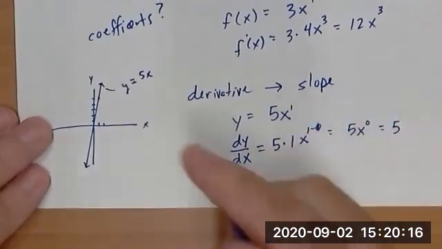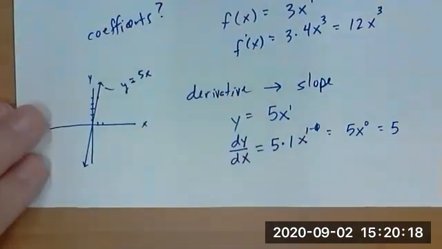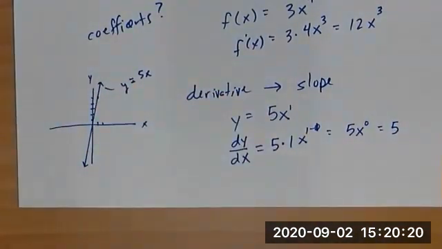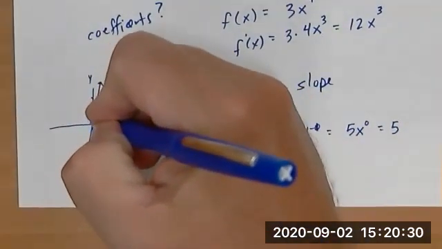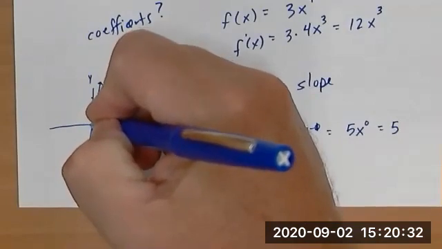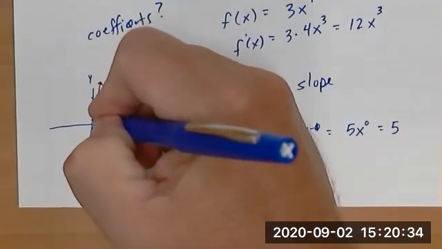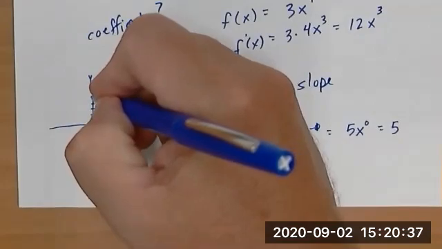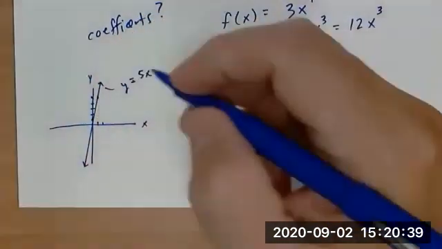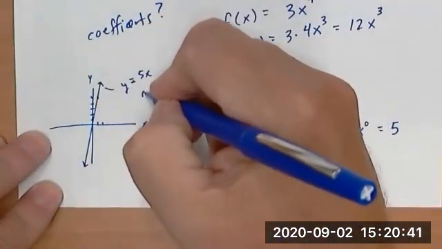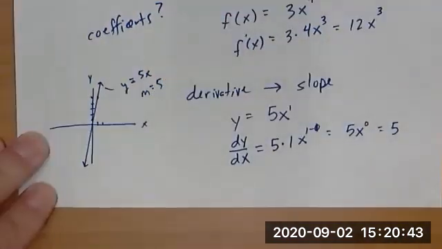I hope we've talked about it enough. What's the slope of a straight line? Well, first of all, it's constant. It doesn't change. And the way you determine the slope of a straight line is you take 2 points and you can do rise over run, which is what I did here, right? So if I go from here to here, the rise, 1, 2, 3, 4, 5, the run is 1. The slope of this line is 5.